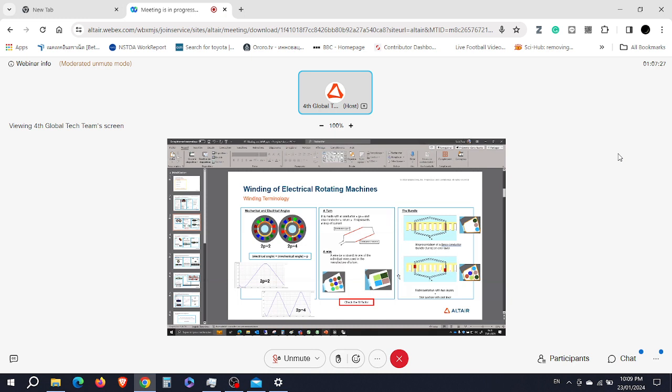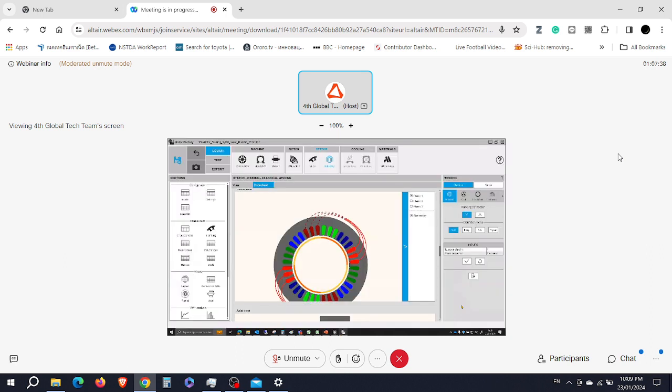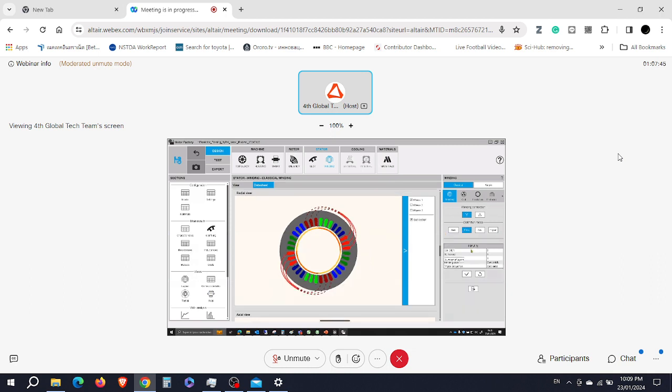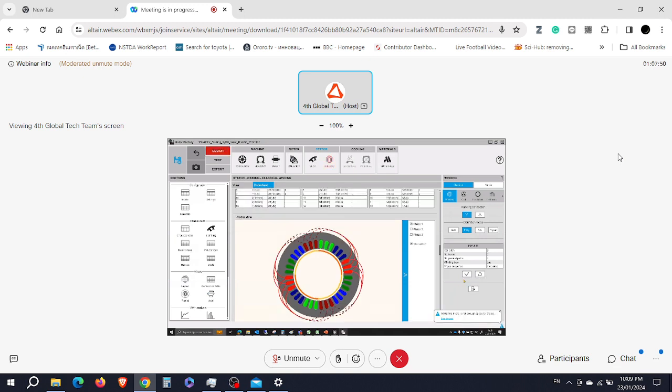This is really helpful because it can give us more possible configurations. If I go to AZ, here I can put the number of layers to 2, and then you will have a lot of possibilities, such as the coil pitch, shorter coil pitch, and more possibilities for the number of parallel paths.